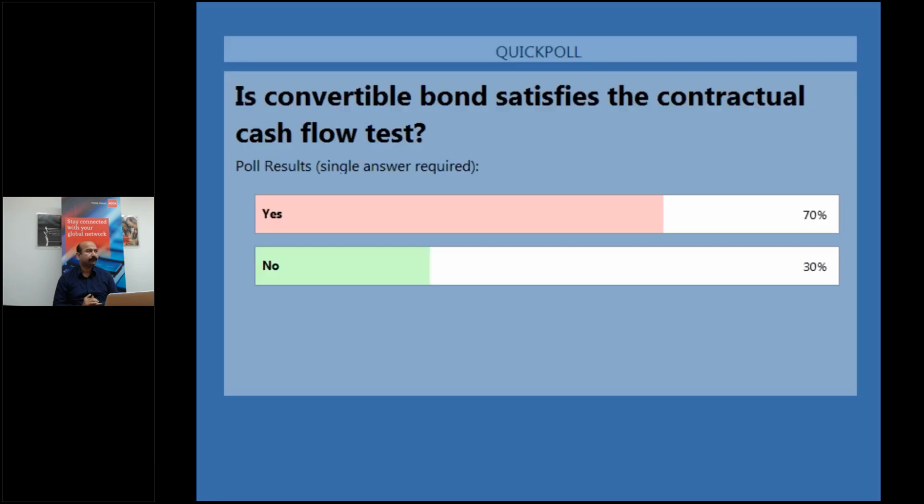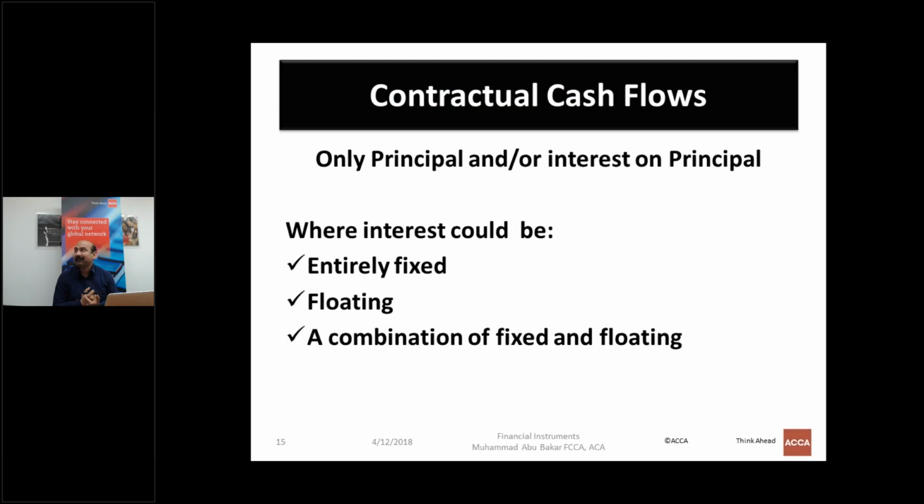So we have 70% people saying yes, while 30% people saying no. 30% people are correct. See, this is the second criteria, and what is that?